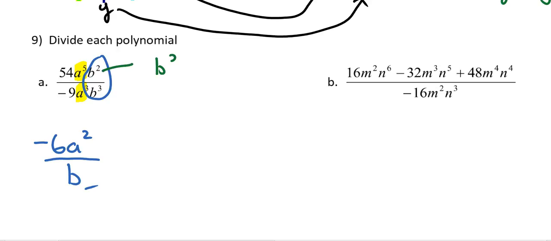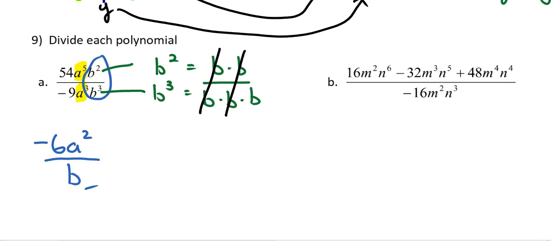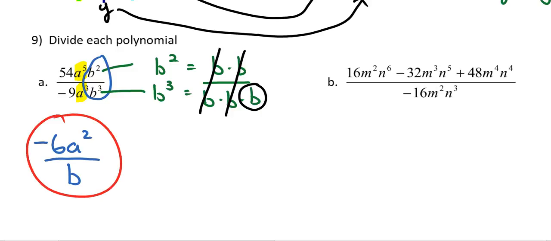So b squared is the same thing as b times b, and b cubed is the same thing as b times b times b. And you'll notice that those will cancel off, and you're left with one b on the bottom. That's where that b comes into play. Okay, so this is your final answer for that question there.